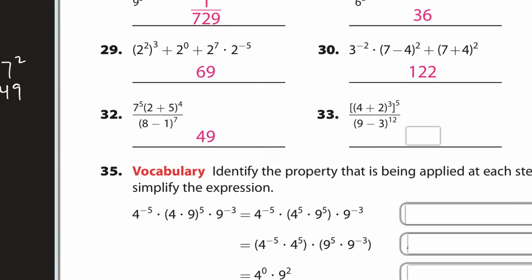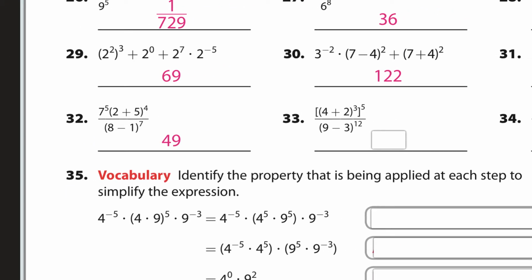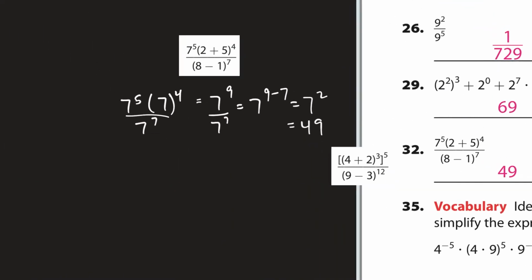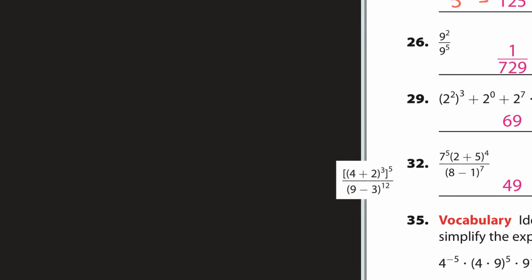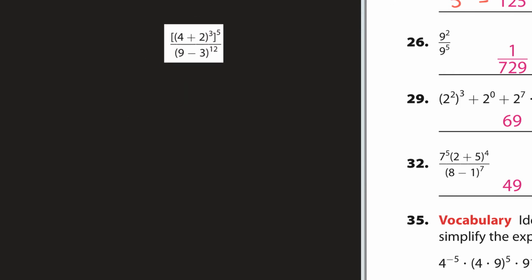Number 33. Wow, they're just getting more complex here. Okay, I'll bring this over so you can see. What I would first do is the stuff in parentheses. I'll leave the brackets. 4 plus 2 is 6, taken to the third power, all to the fifth power.